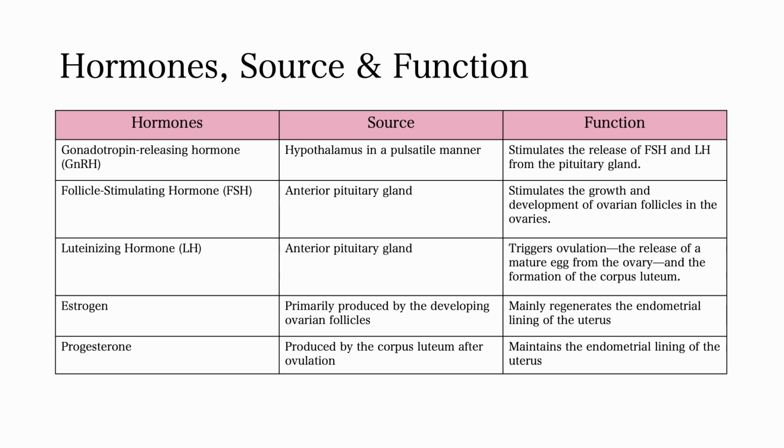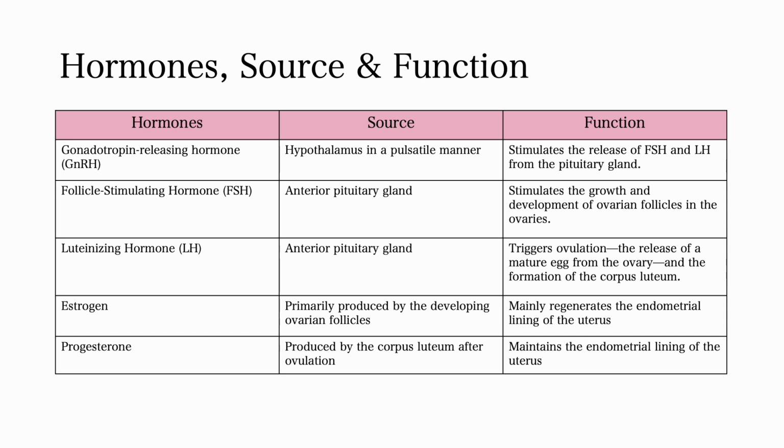It functions to stimulate the growth and development of ovarian follicles in the ovaries. Luteinizing hormone, abbreviated as LH, is released by the anterior pituitary gland as well. It functions to trigger ovulation, the release of a mature egg from the ovary, and the formation of the corpus luteum. We will discuss the corpus luteum later.